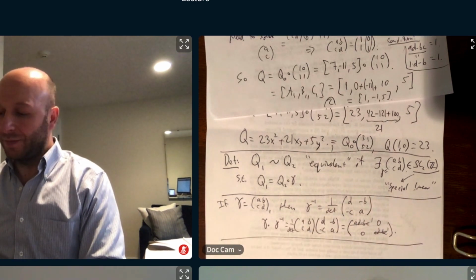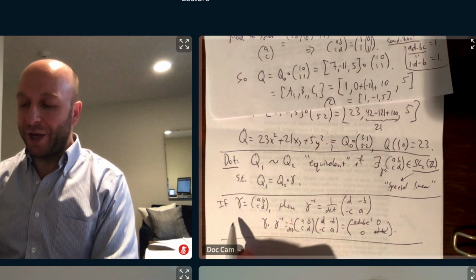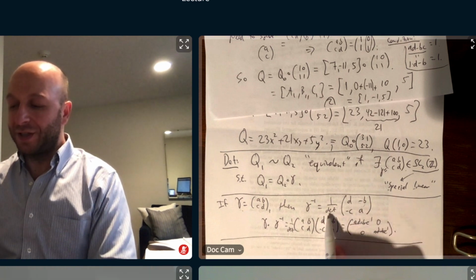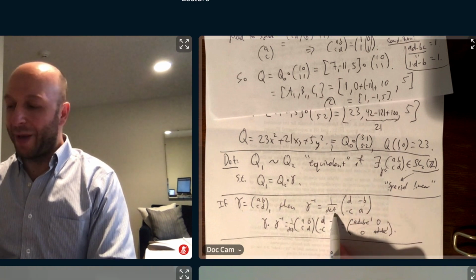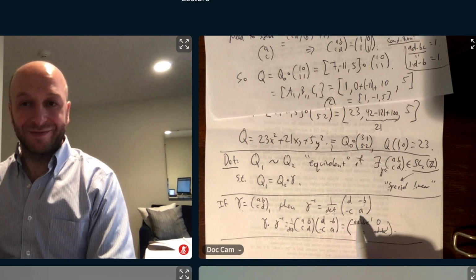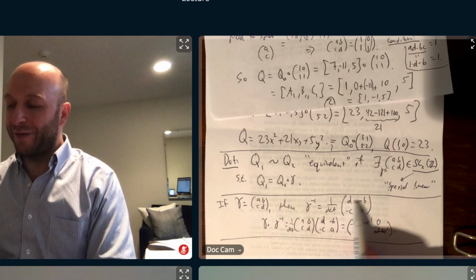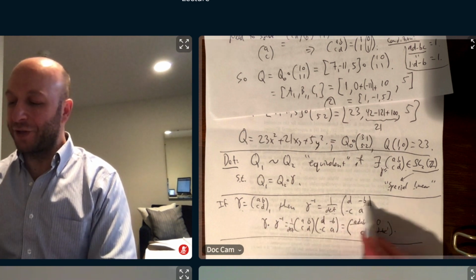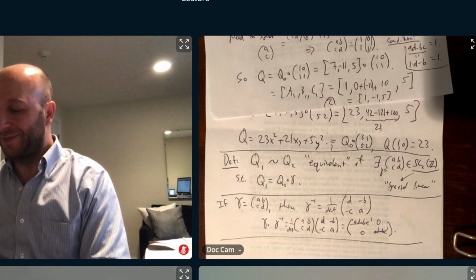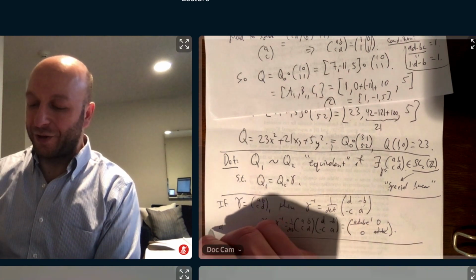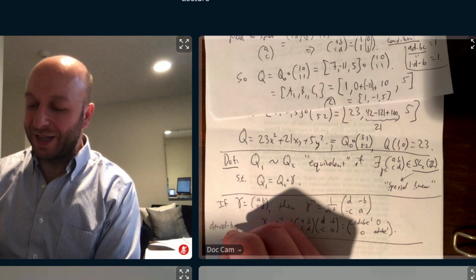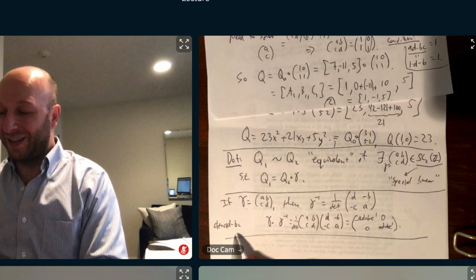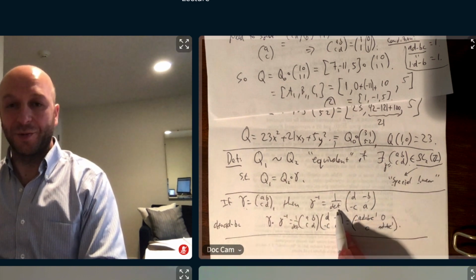So the point is, if this is a matrix with integer entries, and its inverse is also a matrix with integer entries, the determinant had better divide all the entries. But the only way to divide all of the entries, the determinant itself is AD minus BC, and if the entries all have a common factor, then the determinant has the square of that factor. So you can't divide it out unless the determinant is plus or minus 1.